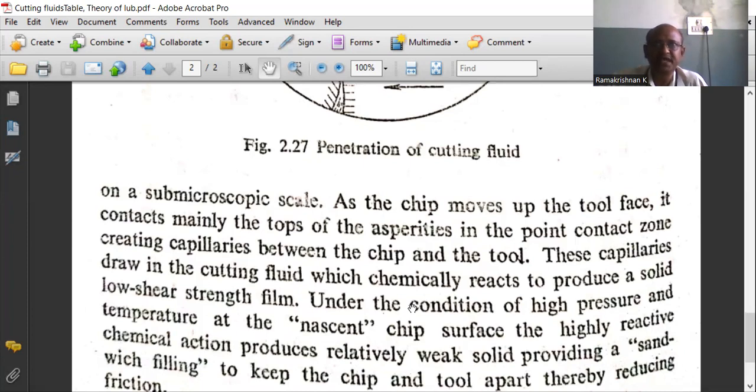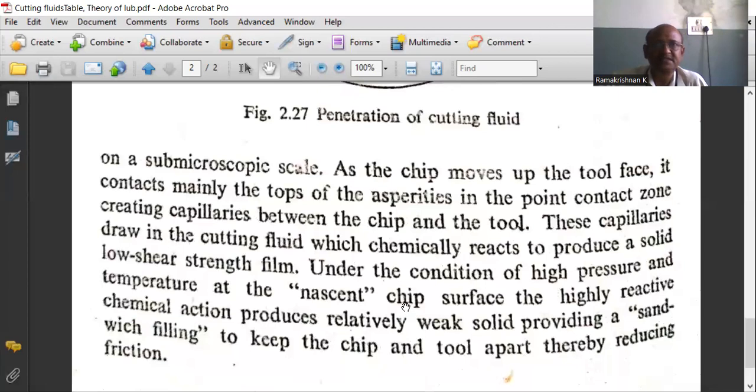So it produces a sandwich film between the two chip interface. Again, under the high pressure and temperature condition at the nascent chip surface, that is the entry of the chip surface, the solid film again changes to a weak solid, providing a sandwich filling.